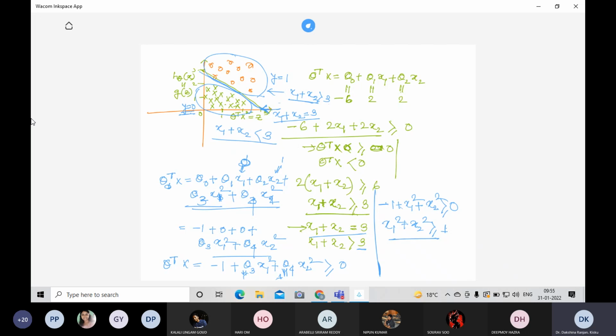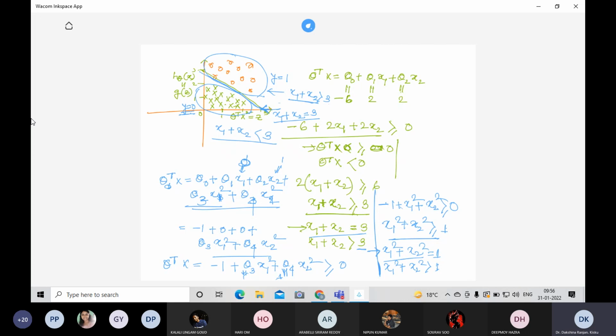Now we can say that x1 square plus x2 square equals 1, and x1 square plus x2 square greater than 1. That means the equation of the decision boundary will be x1 square plus x2 square equals 1. That will give us a circle. This is the equation of the circle.